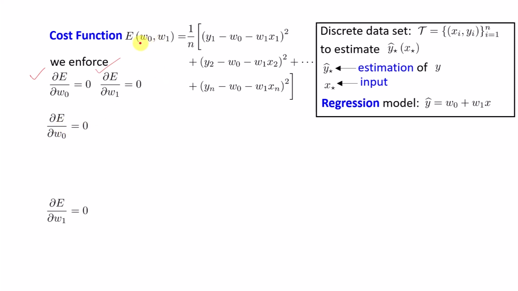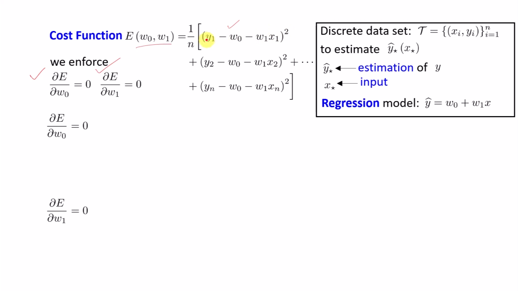Now I have this expression of E. If I take the derivative with respect to W0, you see that each of these terms is a square, y1 minus W0 minus W1 x1 whole square, etc. When I take the derivative, all these square terms will come as 2 multiplied by whatever is in the first bracket. And then I take the derivative of this minus W0, which will give me minus 1.